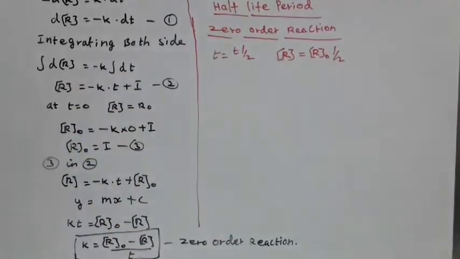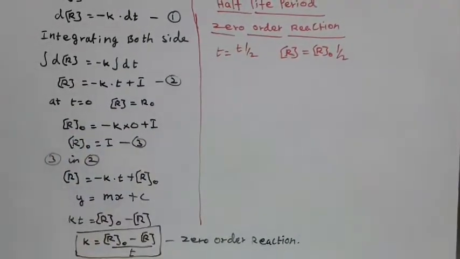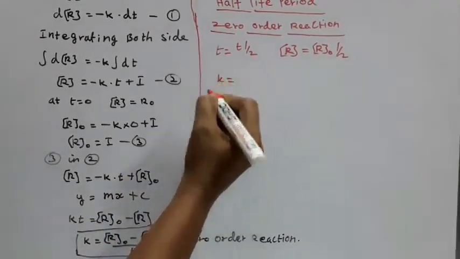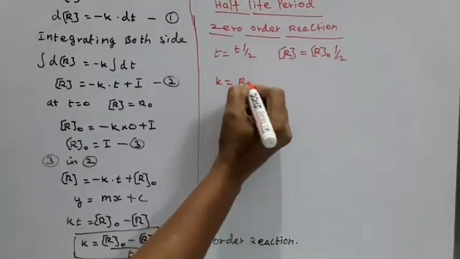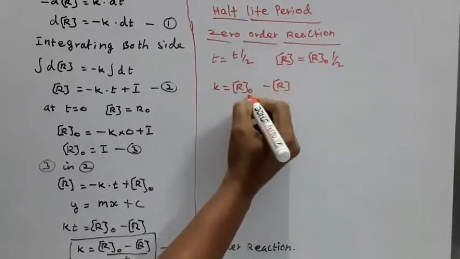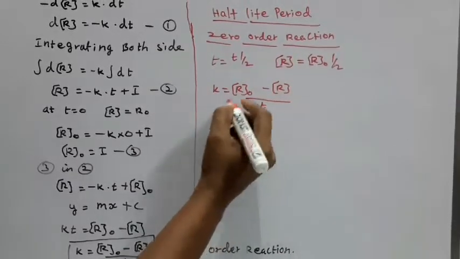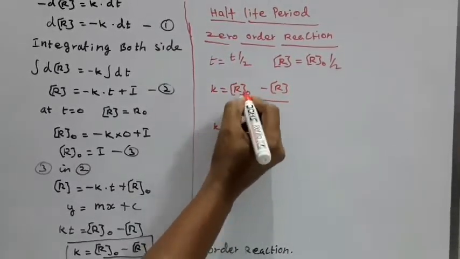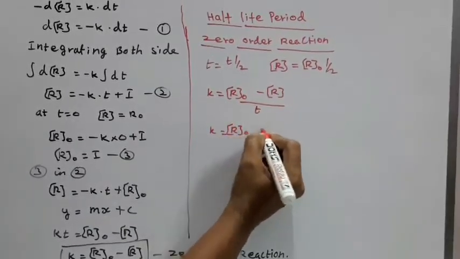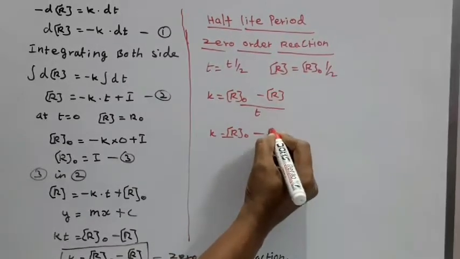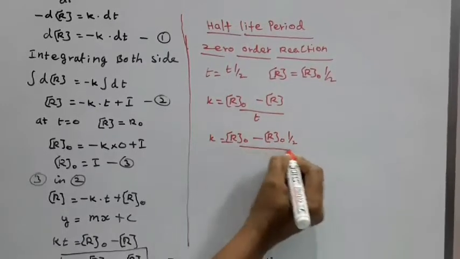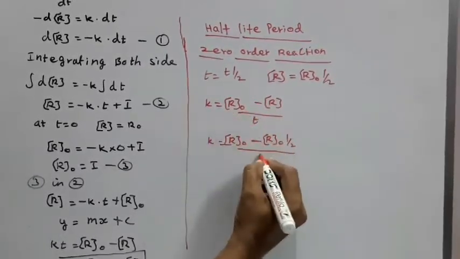Right. Here the rate constant we already studied: for zero order reactions, k equals (R0 minus reactant concentration R) by t. Here we substitute: R0 minus R is R0 minus R0 by 2, and t is t half.